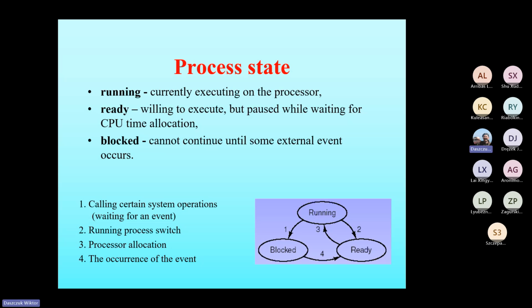For example, it waits for a device which is occupied by another process. It waits for enlarging of the address space of the process because the space that it has is not enough. Waiting for data from another process. Waiting for a given time on the clock.